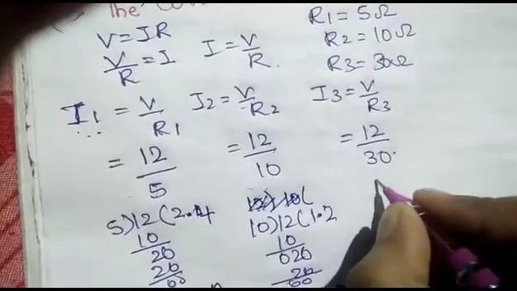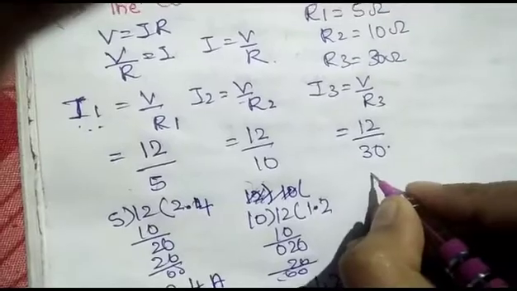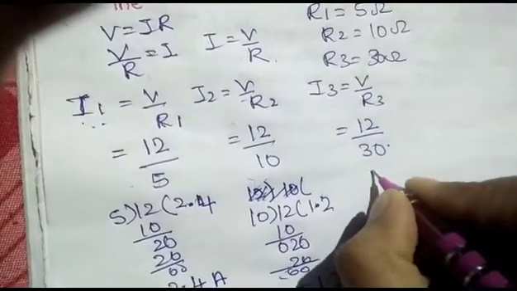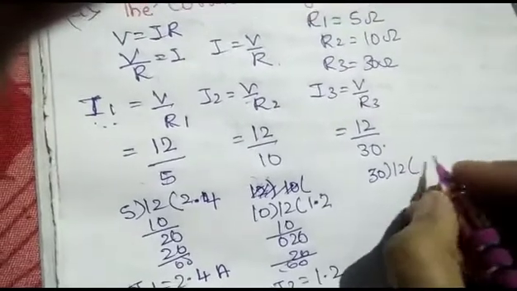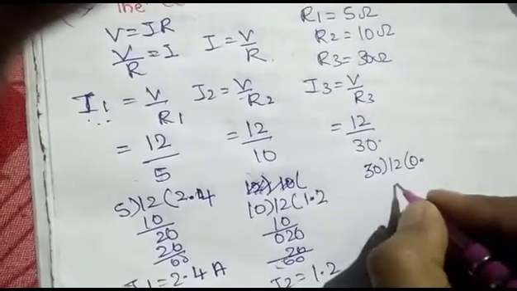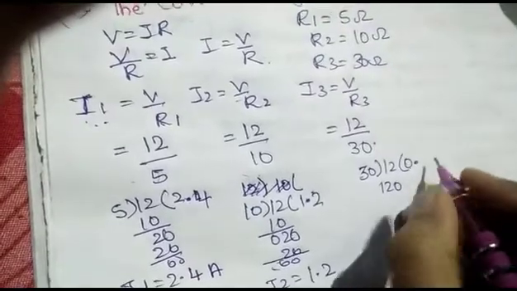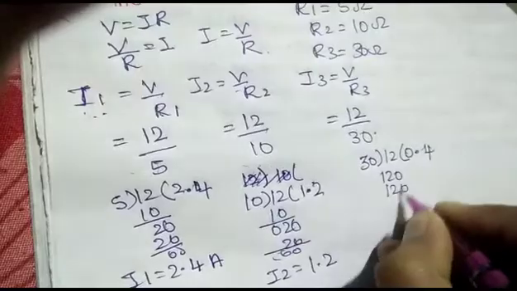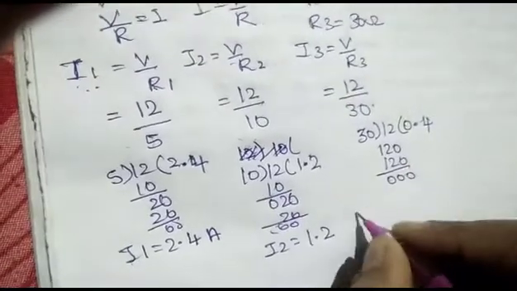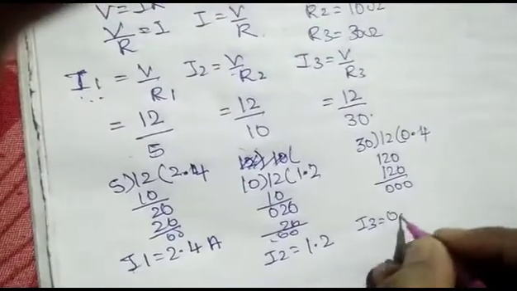Like that I3, that is 12 divided by 30. So 30 times 0 is 0, and 120 divided by 30 is 4, so I3 equals 0.4.